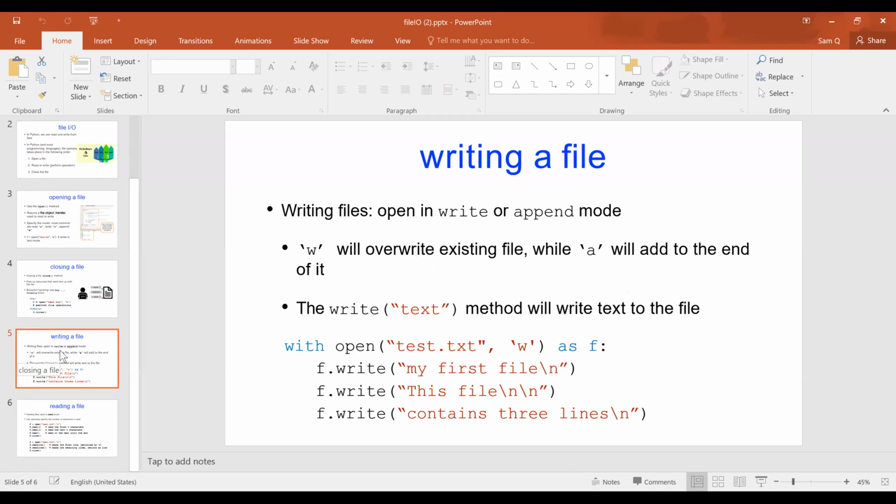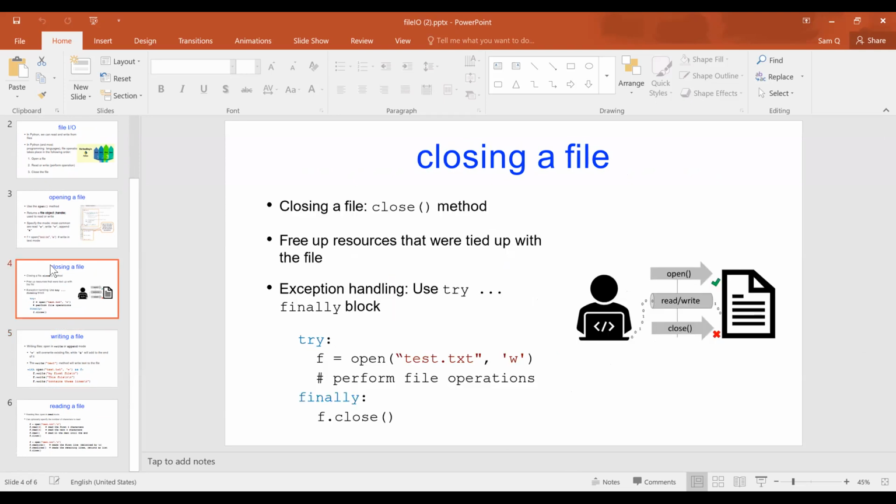Okay, so to better appreciate this slide, let's start from the slide one slide earlier. As I mentioned, when we open a file, we need to remember to close it in order to release resources. Different operating systems probably implement this differently, but in general, when you open a file, you need to allocate some memory.